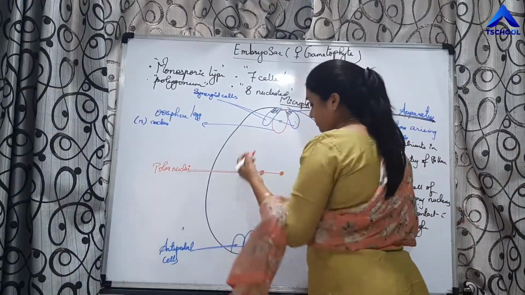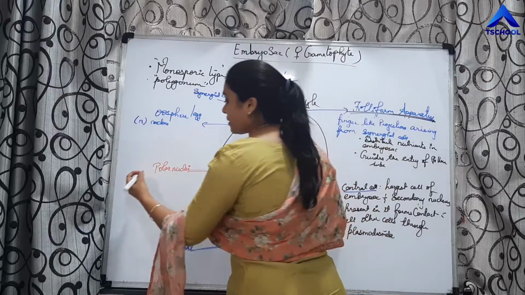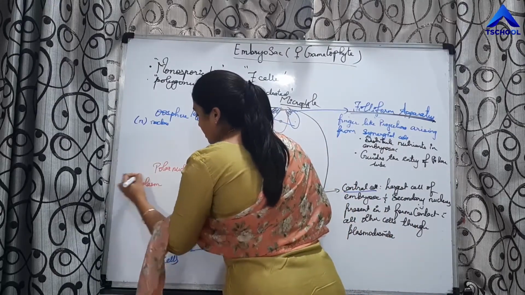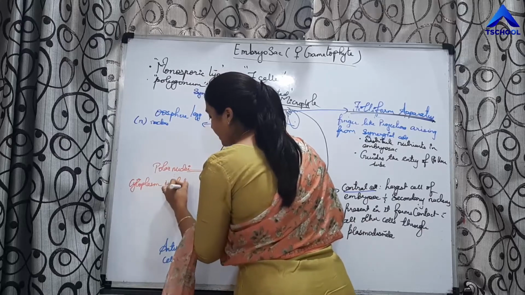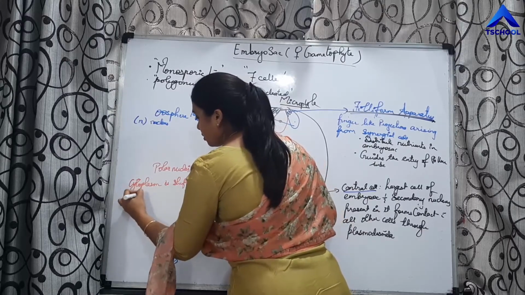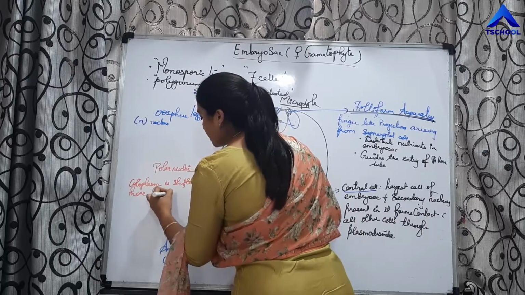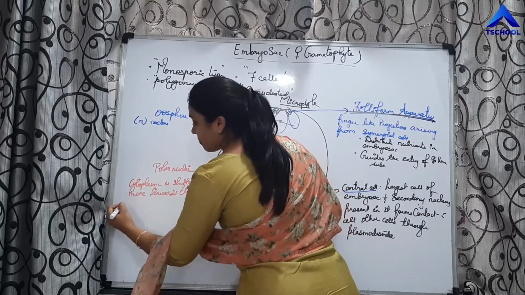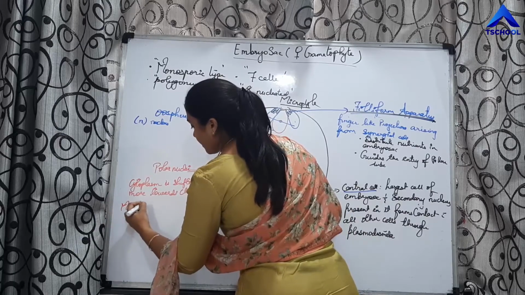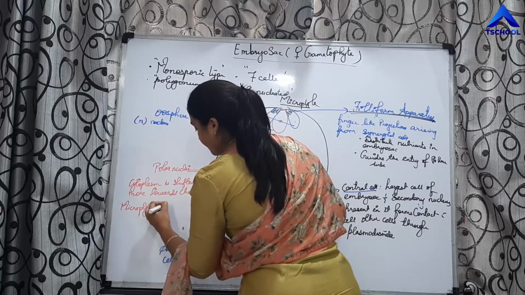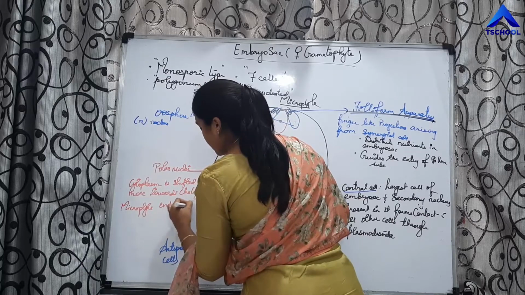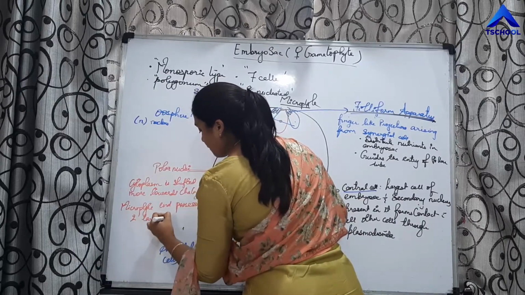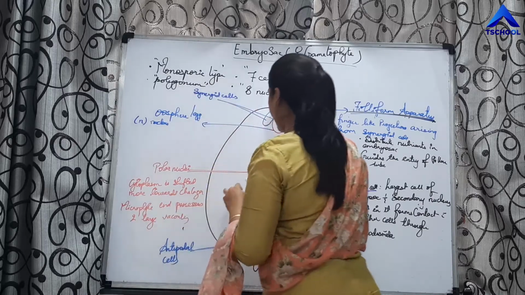There is one more thing which you have to remember, that the cytoplasm is shifted more towards the chalaza, and the micropyle end possesses two large vacuoles, right?